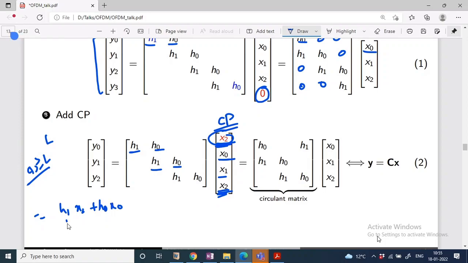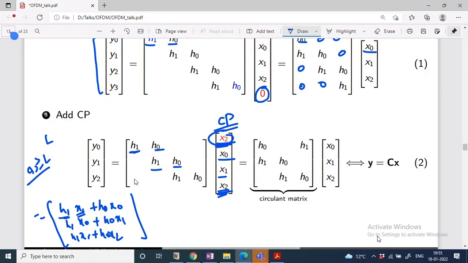Then I can write H1 X0 plus H0 X1. Then the third we can write as H1 X1 plus H0 X2. You can see that H1 is multiplied by X2, and H0 is multiplied by X0. This X2 is the last symbol, and it is multiplied by this previous channel coefficient H1.